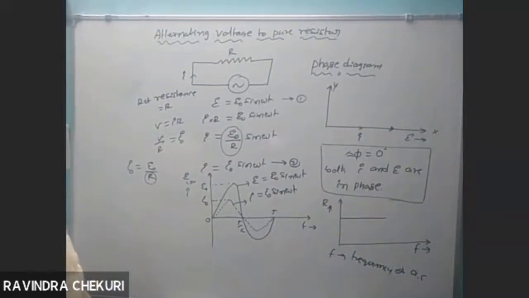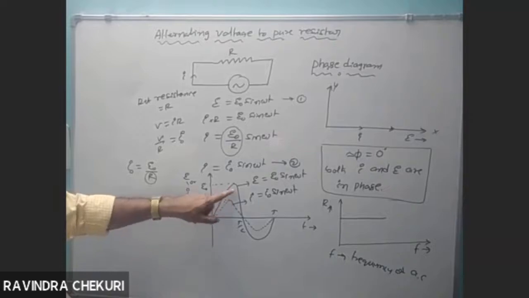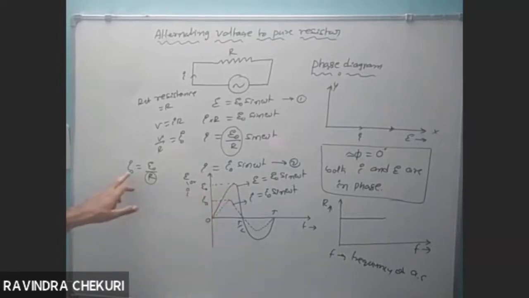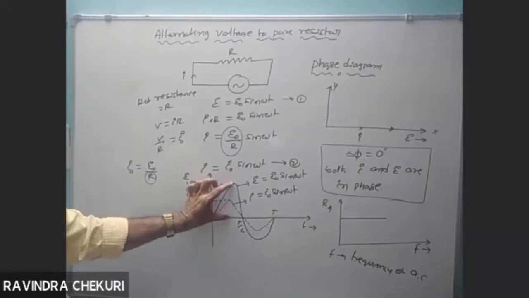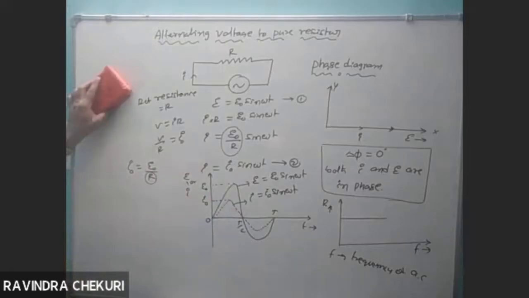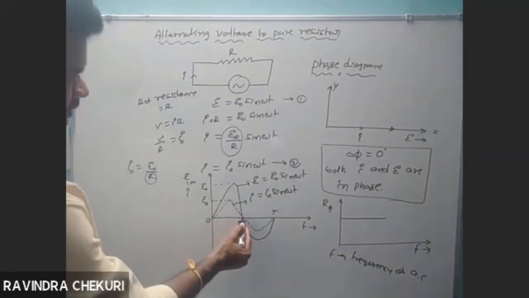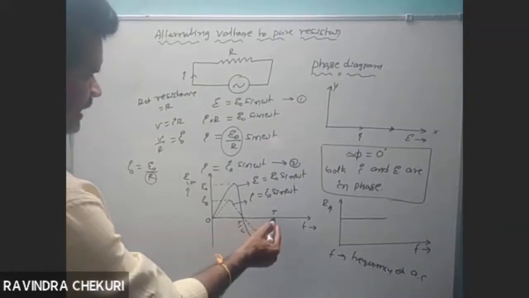But the magnitude of the peak value of current is less than the peak value of voltage, since I0 is equal to E0 by R. Both start from 0. Again at T by 2 both are 0, and again at T both are 0.